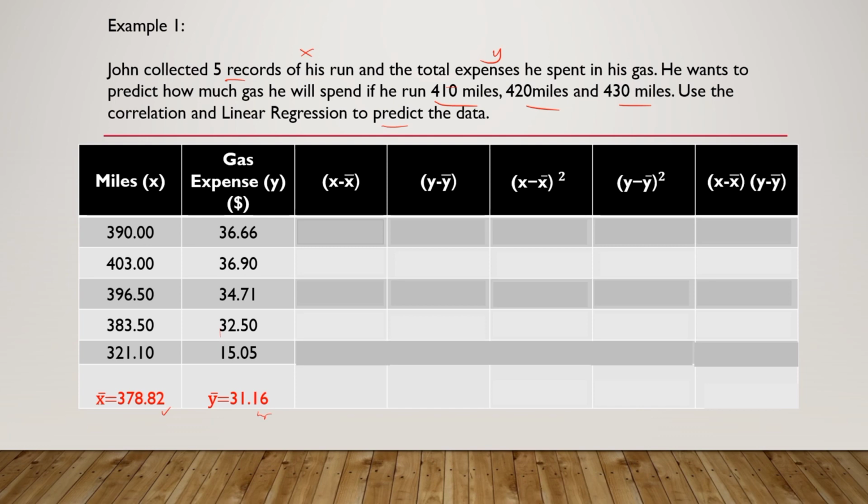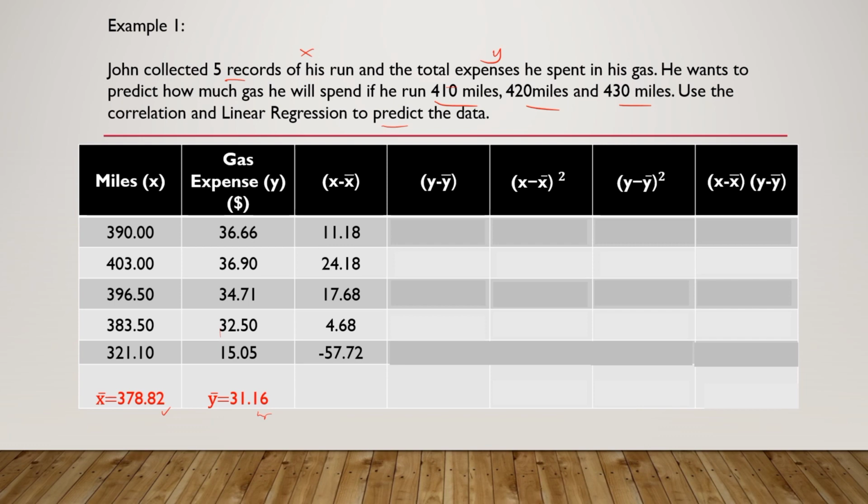For our x minus x bar, for miles, 390 minus the x bar 378.82 gives us 11.18. Then 403 minus 378.82 we have 24.18, and so on and so forth. You can check if these values are correct.